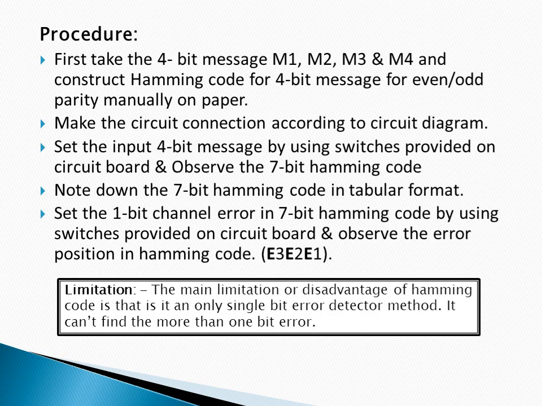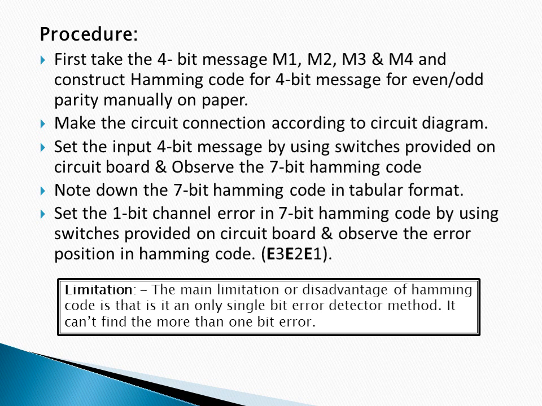What procedure do you have to follow for generating the Hamming code? First take the 4-bit message as M1, M2, M3 and M4. For this 4-bit message, construct a Hamming code for even as well as odd parity manually on paper or whatever media you are using. Make the circuit connection according to the circuit diagram.